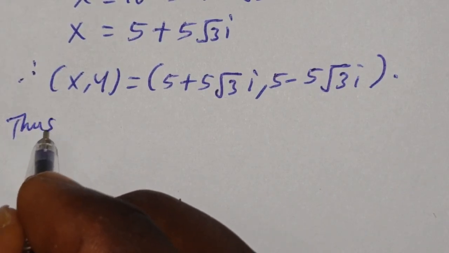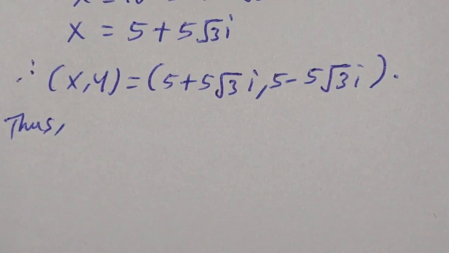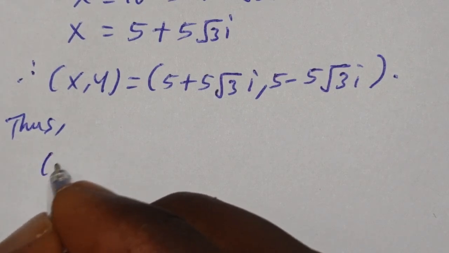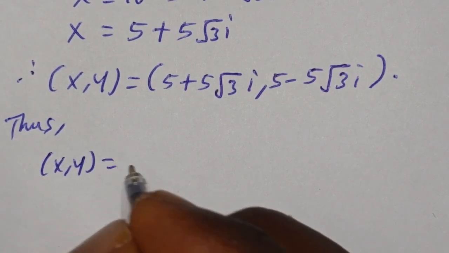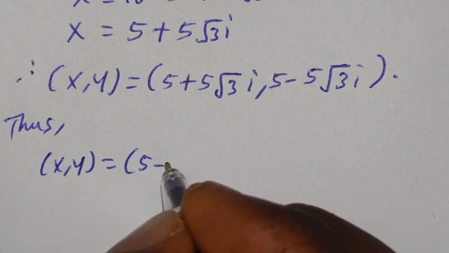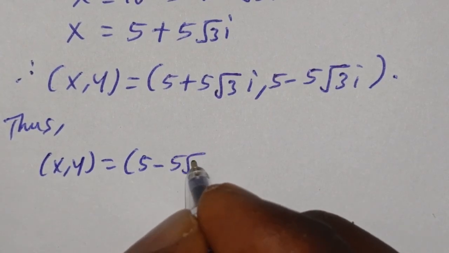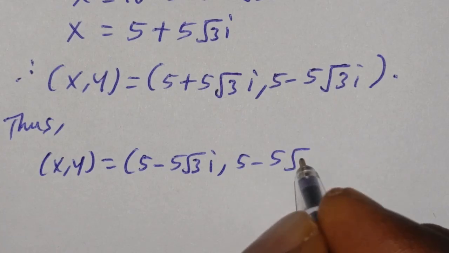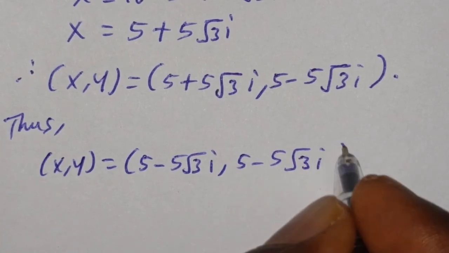Thus, all the solutions that we have for this algebra problem are, the first one is x comma y equal to 5 minus 5 root 3i comma 5 plus 5 root 3i, sorry, this is plus.